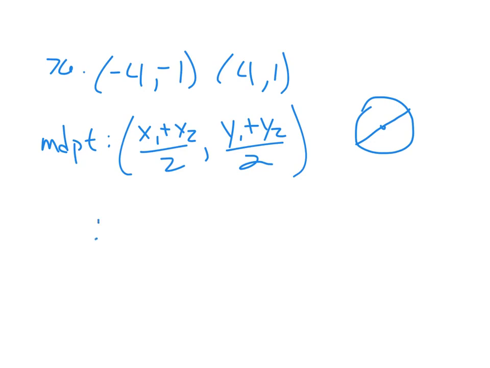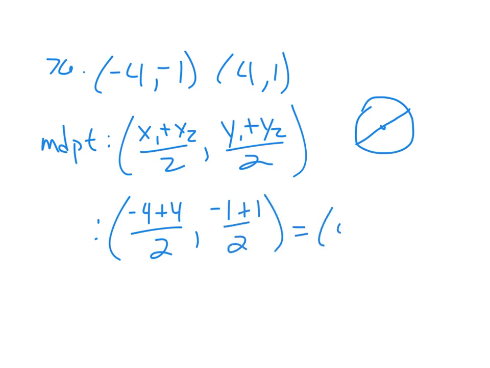So then we go -4 plus 4 over 2 and -1 plus 1 over 2. And that gives us 0, 0. Does that make sense?